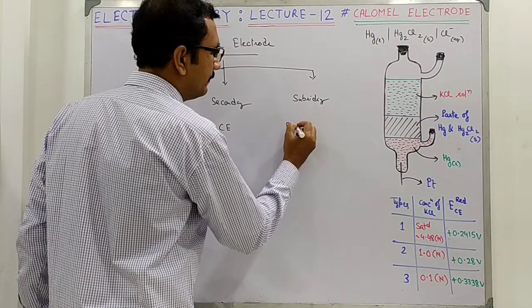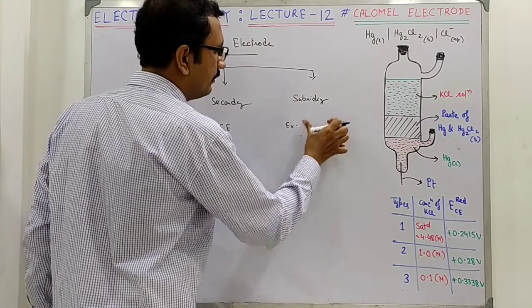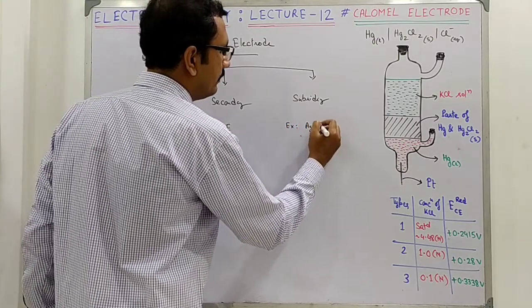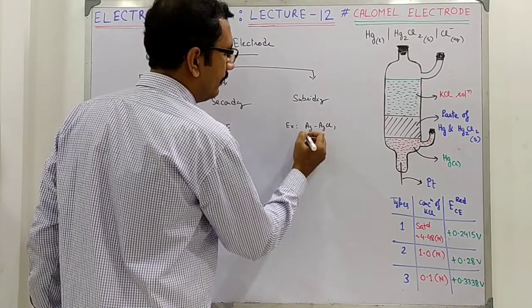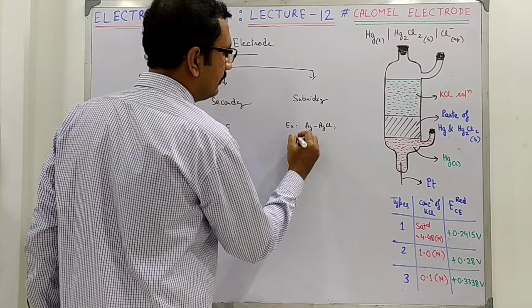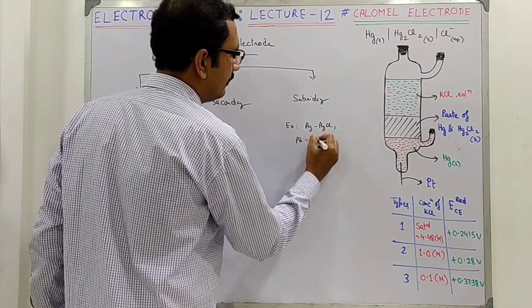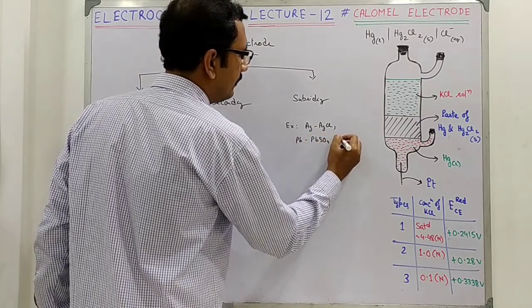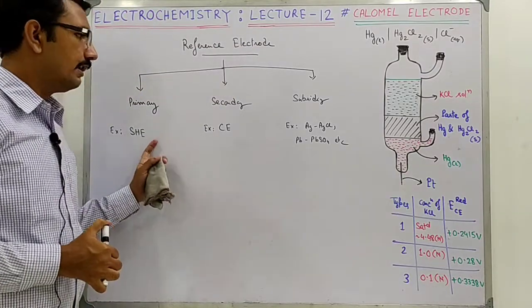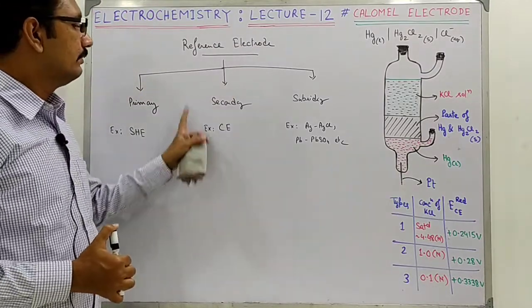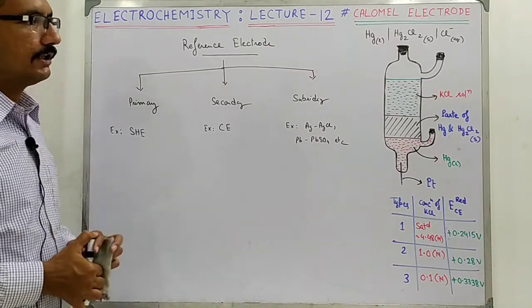Examples are silver chloride, which we will not learn due to our limitation, and lead sulfide electrodes, etc. Now, we will learn it in this lecture.